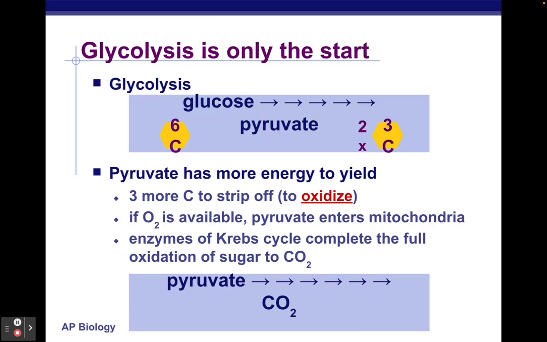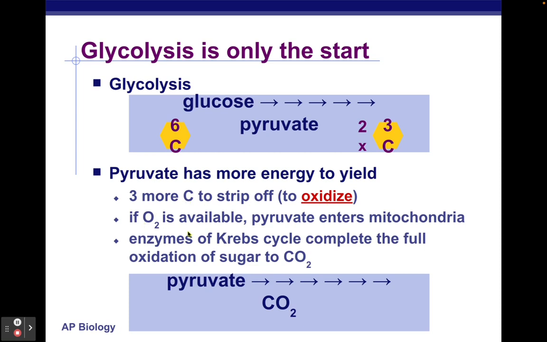All right. Glycolysis is only the start. In glycolysis, we have glucose turning into pyruvate. Sorry. This again occurs in the cytoplasm with no oxygen. The pyruvate isn't done here. It has more energy to yield. There's 3 more carbons that we need to strip off, or what we call oxidize.